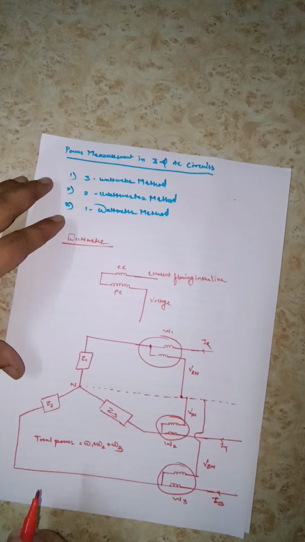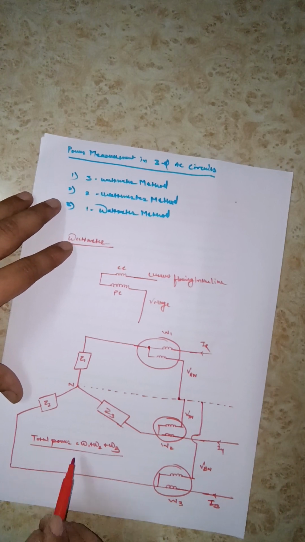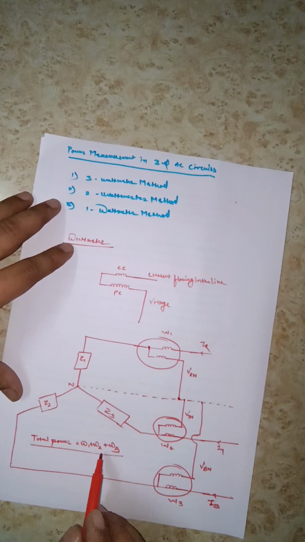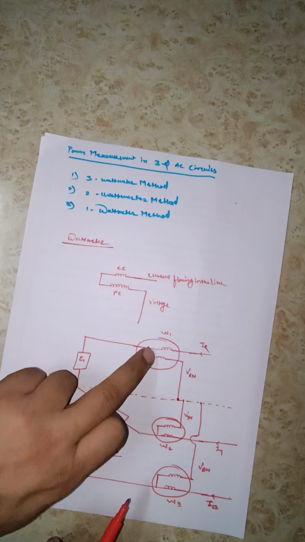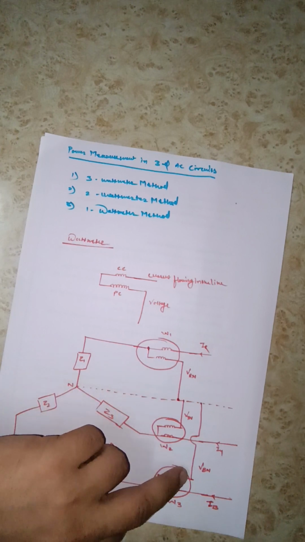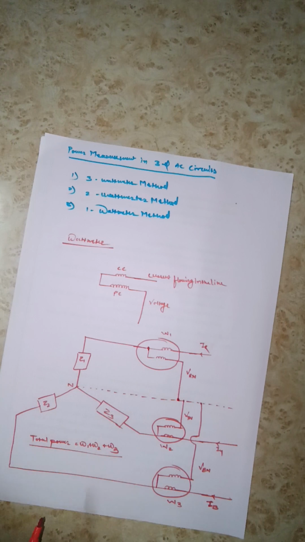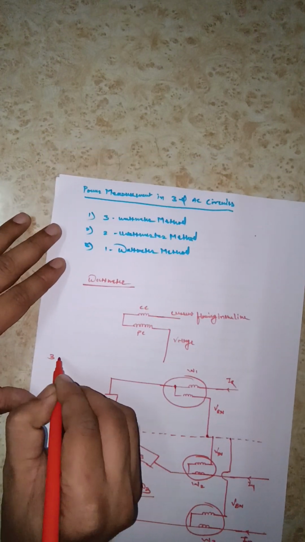The total power is the sum of the three wattmeter readings, W1 plus W2 plus W3, since each is current into phase voltage. So you get the three-phase power, 3 VPH IPH cos phi. This was the 3 wattmeter method.